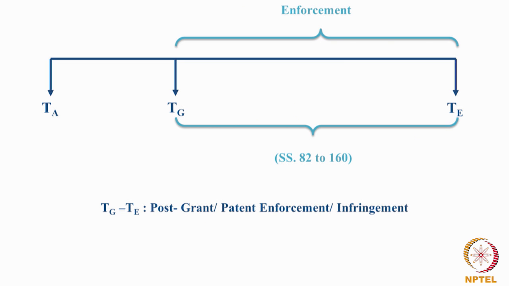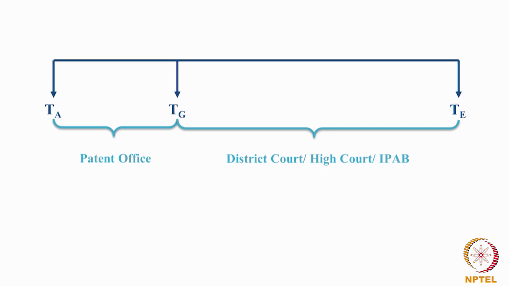So, that is why I qualified my statement earlier saying that the timeline between TA and TG should be understood as events that happen at the time of grant and soon after the grant. So, to recap, TA to TG are events that happen within the patent office, and when we say TG, we are also referring to things that happen soon after the grant too.